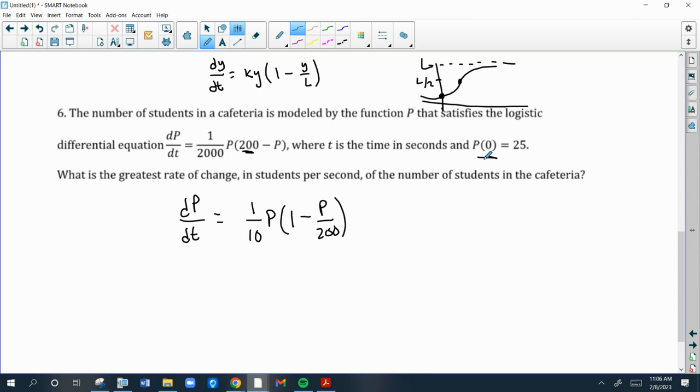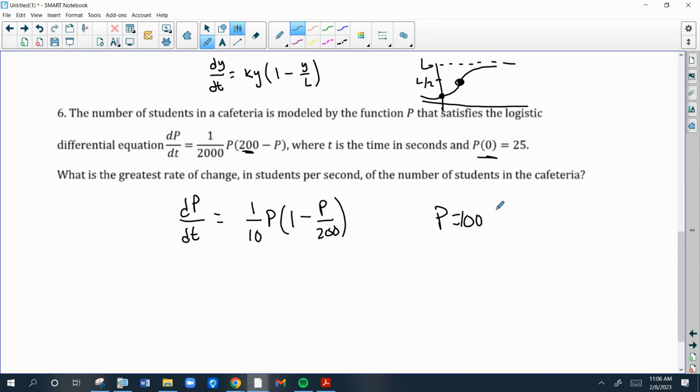The initial condition is 25, so that's well below half of 200, so it will look like a normal logistic curve. So the greatest rate of change in students per second, which is where the derivative is at its peak, where it's increasing quickest, that's always going to be at L over 2. So half the carrying capacity, and the carrying capacity is 200. So the greatest rate of change of the number of students is when the number of students is 100.